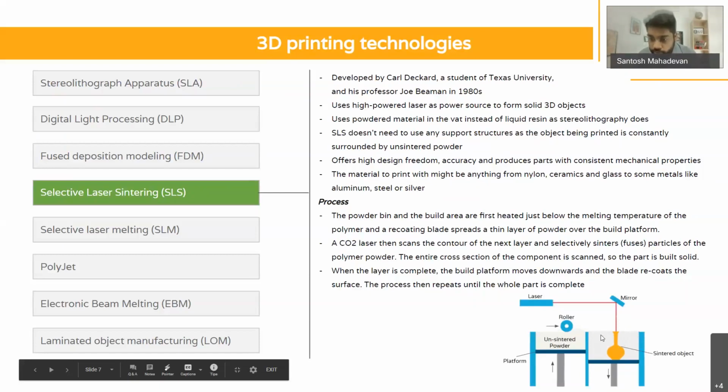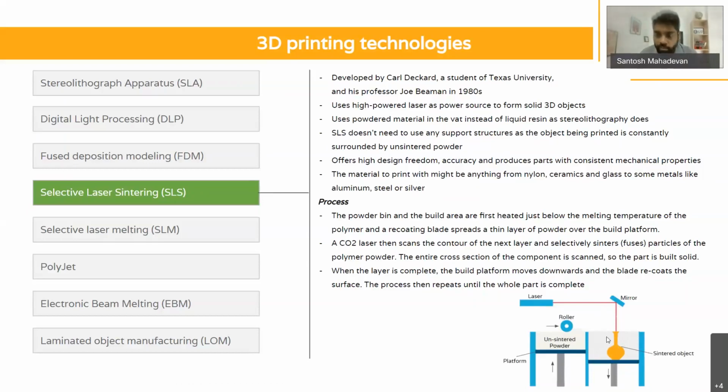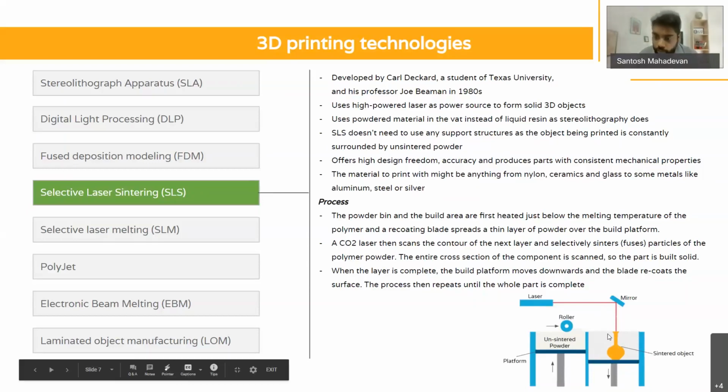Step number 2 is for this platform to drop down and this roller to push this powder from this platform to this platform. Step number 3 is for the laser to move in the XY direction and form the layer. This three-step process happens 25 times, as in the case of our 25 by 25 by 25 cube, to form the 3D printed object.